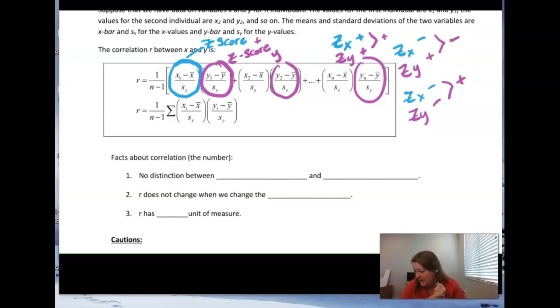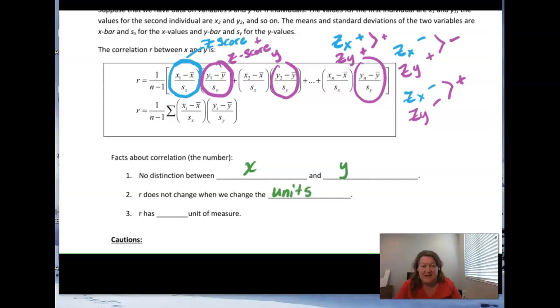All right, some last facts about correlation: there is no distinction in a correlation number between x and y. Since you're going to multiply them together anyway, it really doesn't matter for correlation. Now for a graph it does matter, but when I'm just calculating the correlation number, it doesn't really matter whether it's an x or a y. Okay? R does not change when we change units.